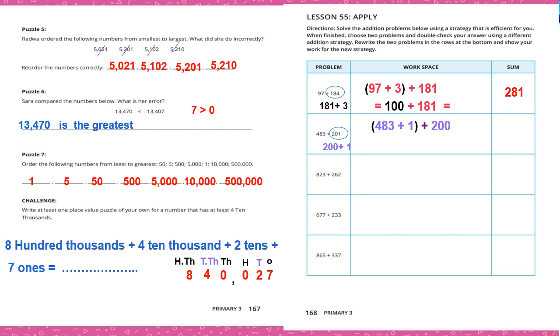So, make the associative property. 483 plus 1 plus 200. We have brackets, so you should solve it first. After 483, 484 plus 200, you can solve it here mental.